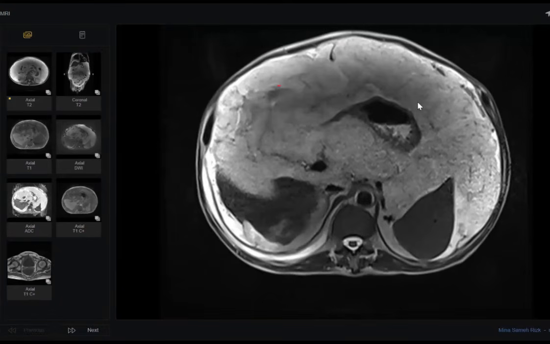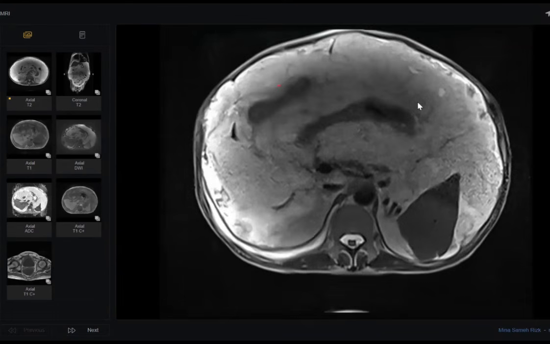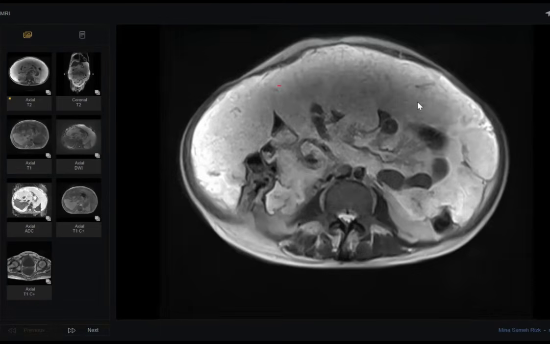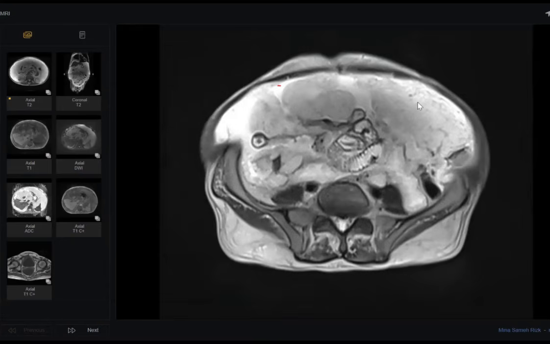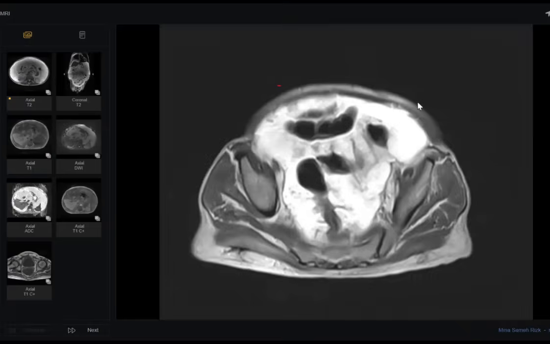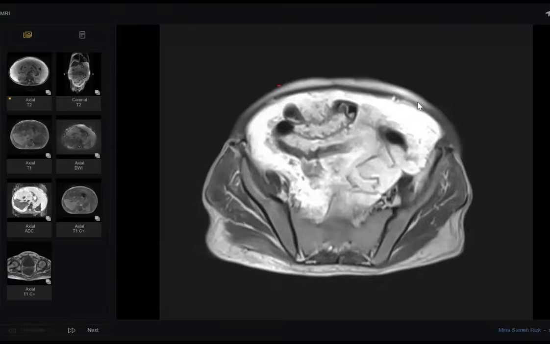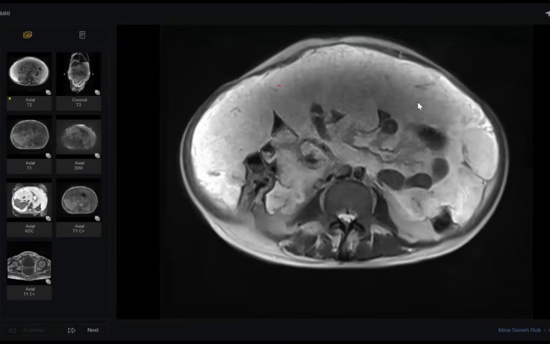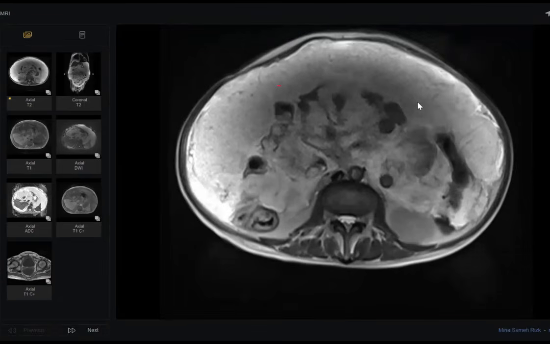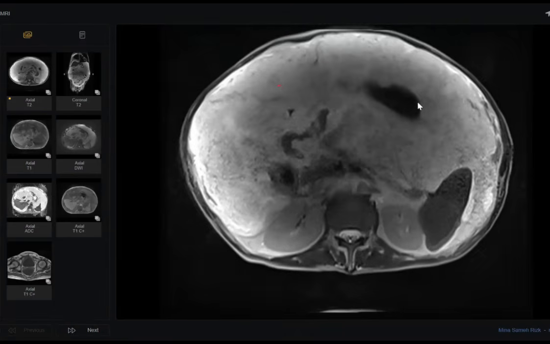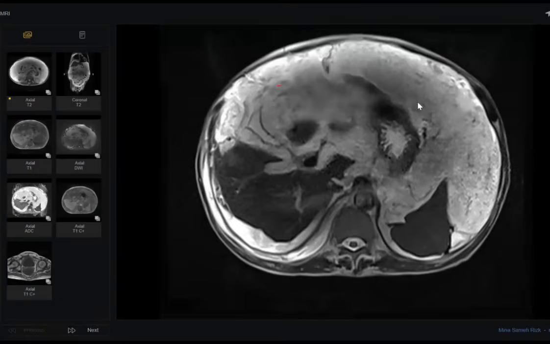Can you please go down? I think there is no significant dilatation of the small bowel loops seen. The ascitic fluid is showing high signal intensities.